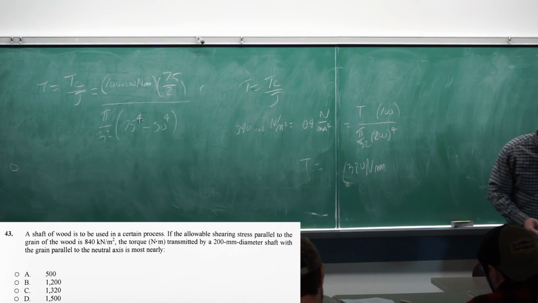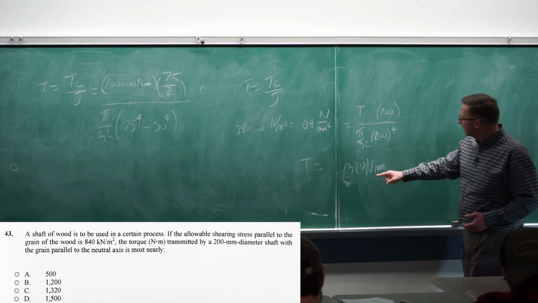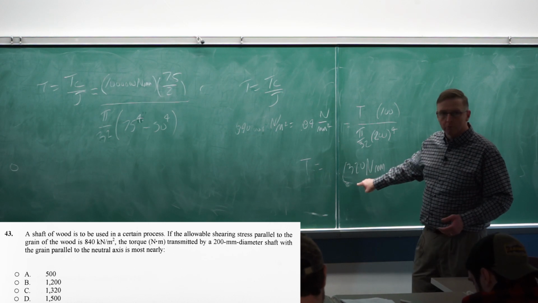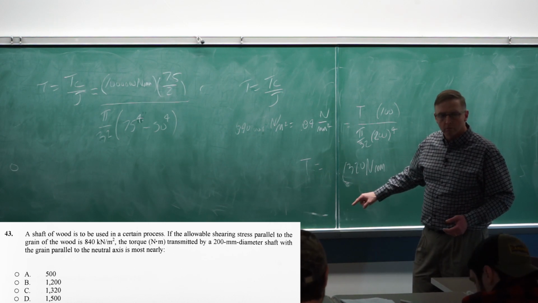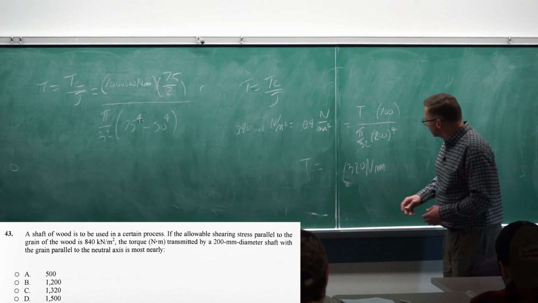What units are they asking for here? Newton meters. Yeah, that's what I got in meters. So you got 1.32 million newton... it comes out to 1,319,468, so yeah, 1.32.